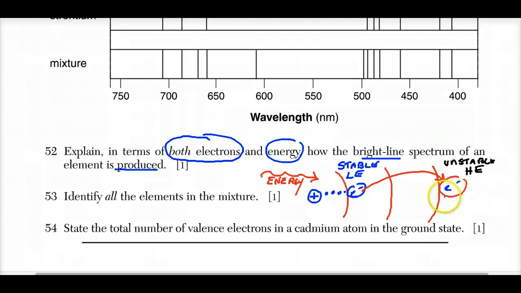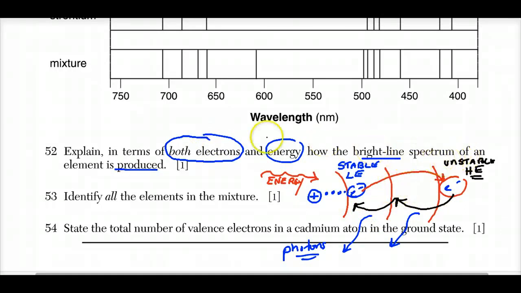So what this electron will do, it will leap back eventually to its ground state. And when it leaps back, with its high energy, it gives off, or emits, light in the form of electromagnetic radiation, or photons, or spectra, as it gives off its energy as it jumps back. So in terms of electrons and energy, that's how it works.